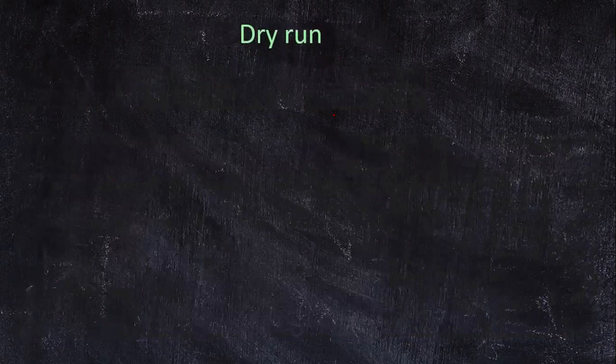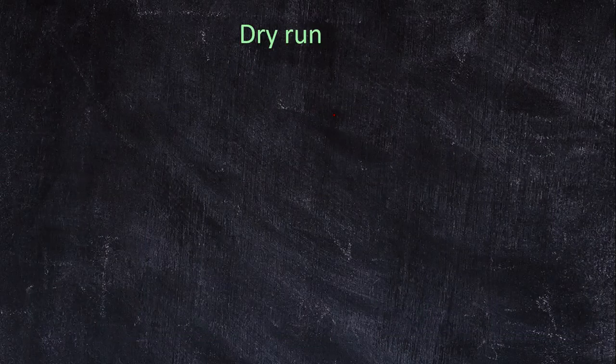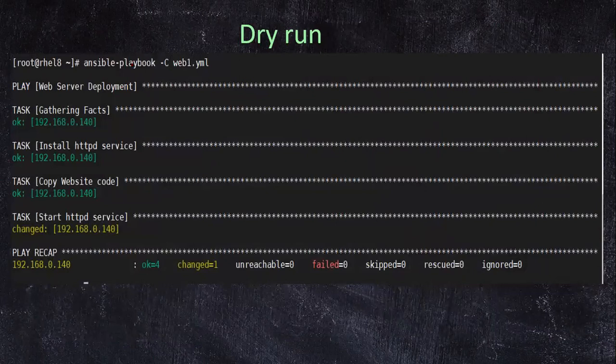Then you also have a feature in Ansible to do a dry run. What does it mean when I say dry run? It basically means that even before actually executing your code, you will be able to test what the output will be when you run that code. So there is no change in your infrastructure. It is just like a trial run. The way that you do a trial run is using the command ansible-playbook with the -C option, and then you specify your file name.